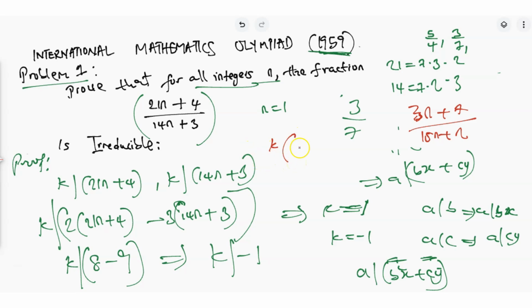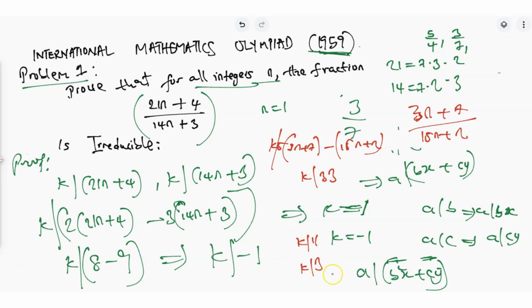So that number should be able to divide 5 times 3n plus 7 minus 15n plus 2. So that number should be able to divide 5 times 7 minus 2, so that is 35 minus 2, that is 33. Then our k should be able to divide 33, which means k should divide 3 and k should divide 11.